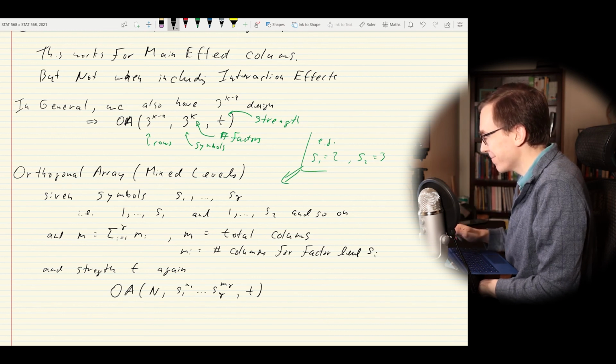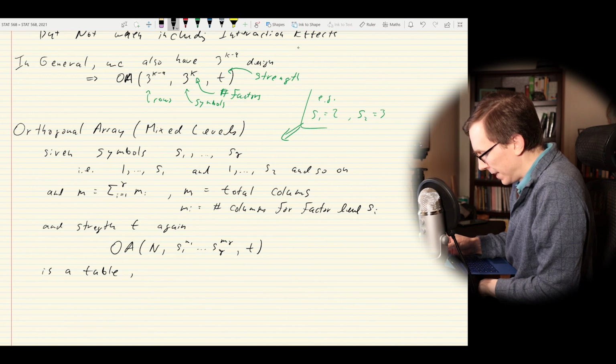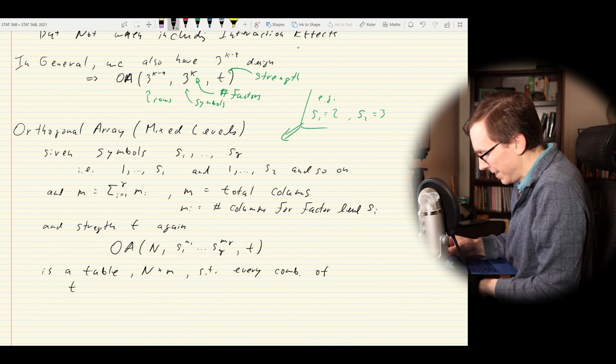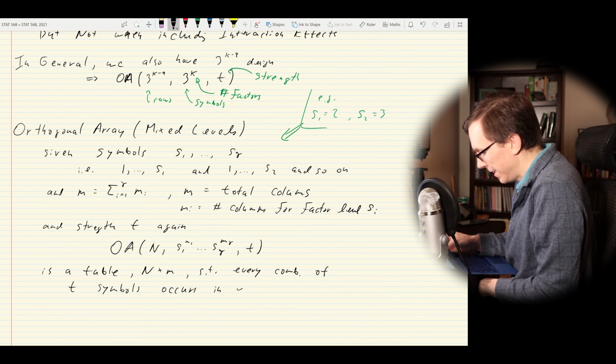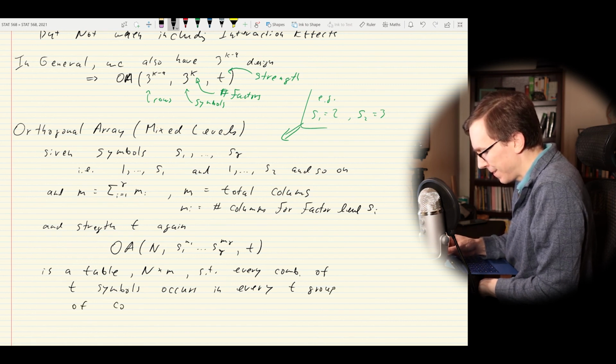And strength T. And the idea is that this is a table, capital N by M, such that every combination of T symbols occurs in every T group of columns.